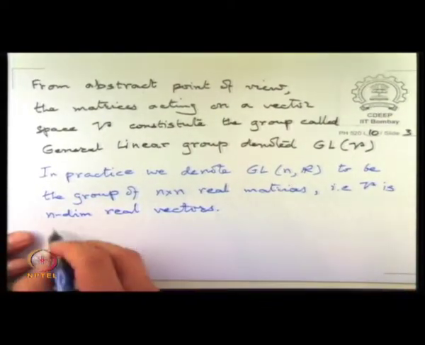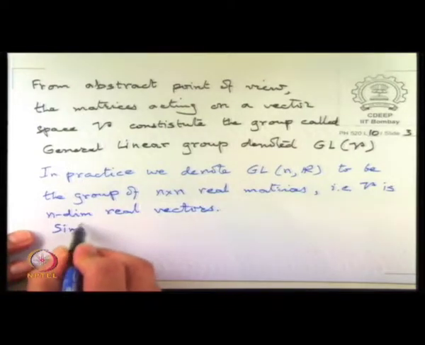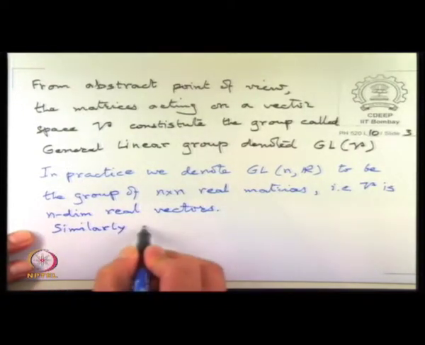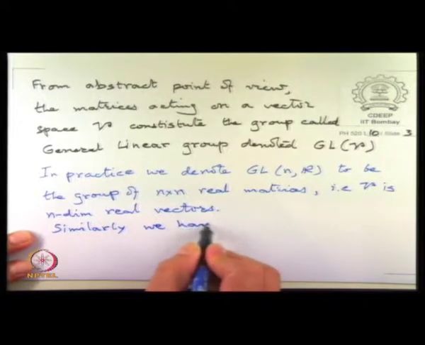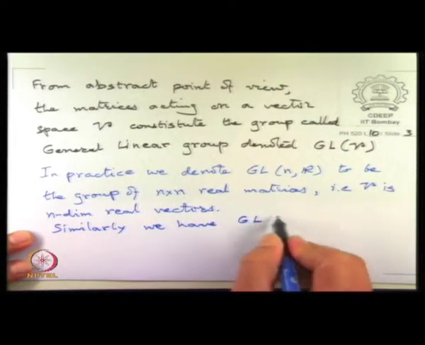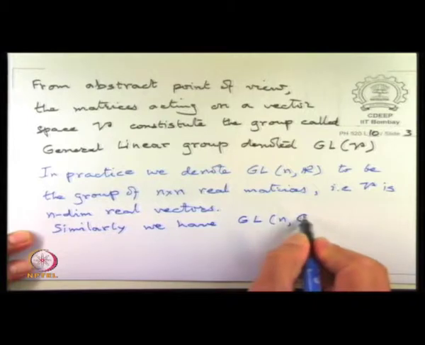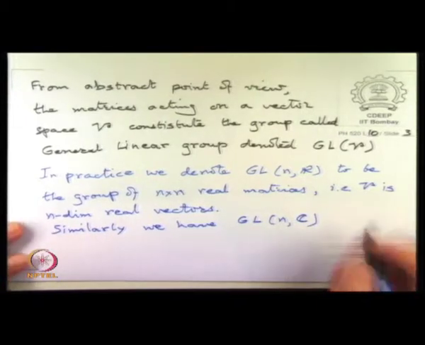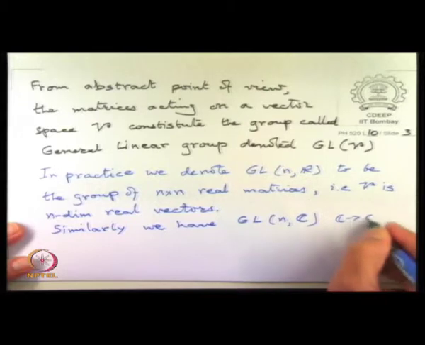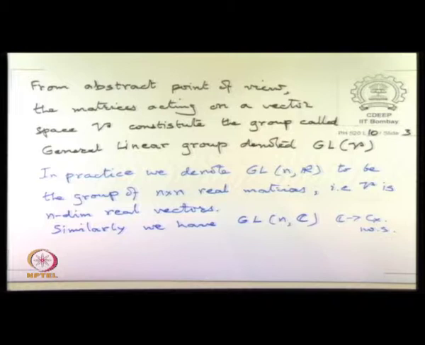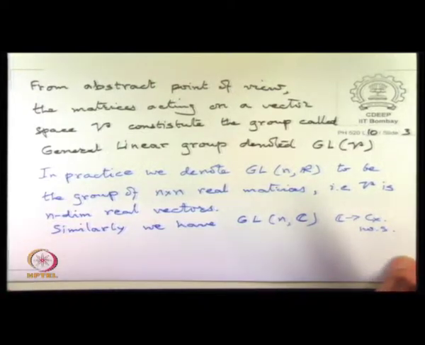And similarly, we have GL(n, C). Here all the entries can be complex. All the n by n matrix entries can be complex, and the vector space is likewise complex. It has complex components. So this will be one of our notations that will be required when we are dealing with representations.